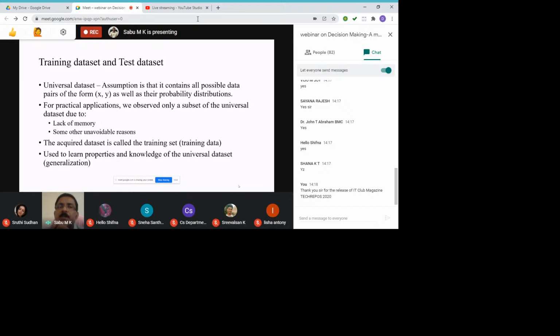This training data set is used to learn properties and knowledge of the universal data set, and that concept is known as generalization. Here we have a small data set, the training data set, and from it we can extract various properties, knowledge or patterns.